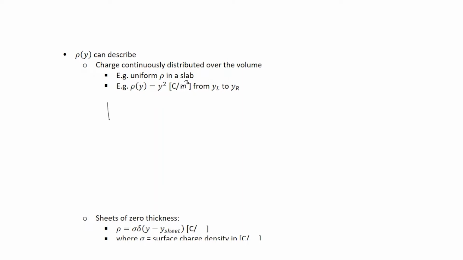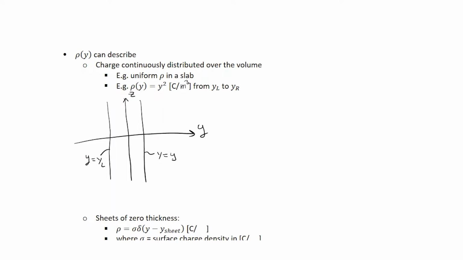And this slab, let's say, is given to be going from some left y value to some right y value. So this would be y equals yl, and this would be y equals yr, and this would be your slab that has rho as a function of y.